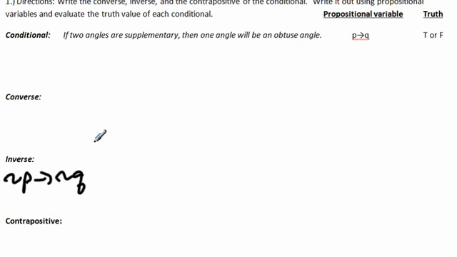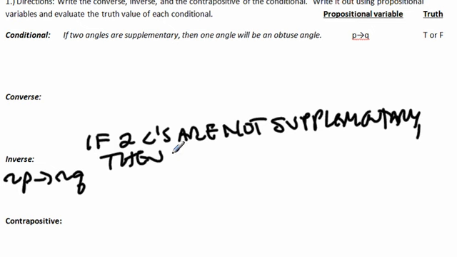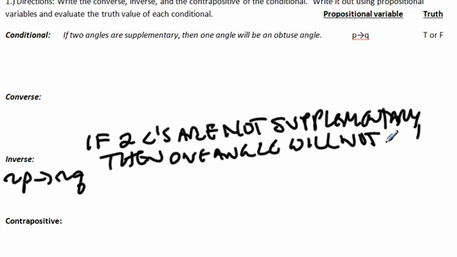So we would say if two angles are not supplementary, then one angle will not be obtuse.